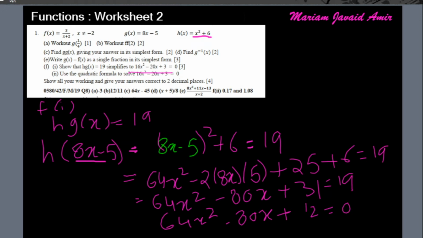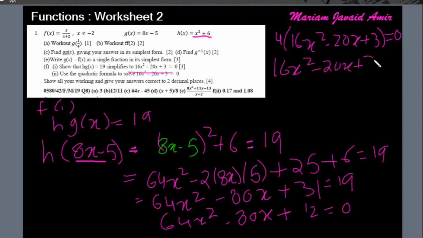Now take 4 common. So 4 is common, we get 64 divided by 4 is 16x squared minus 20x plus 3 equals 0. Next take 4 to the other side, divide it with 0 and we get 0, and hence we've shown the required equation.